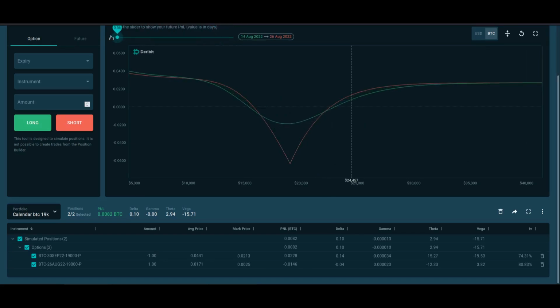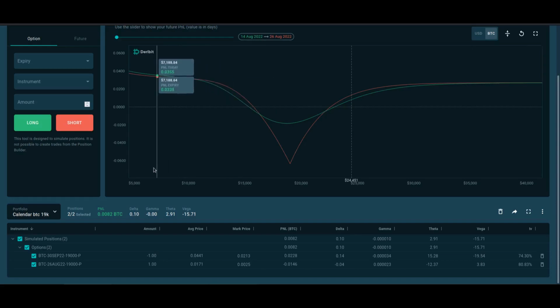The logic is the following: if the price of BTC on the 26th of August is at 19,000, we get maximum loss. In other cases, if the price will be where it is now, we will get some profit. If the price goes up, we will maximize our profit. If the price goes down, we will maximize our profit also.